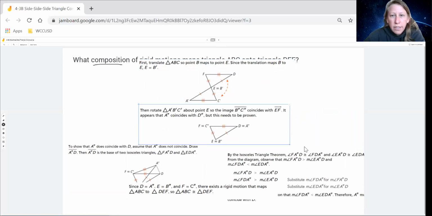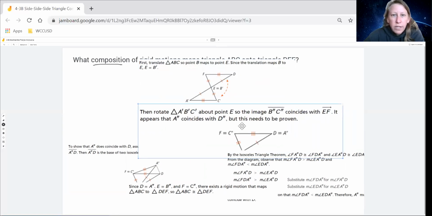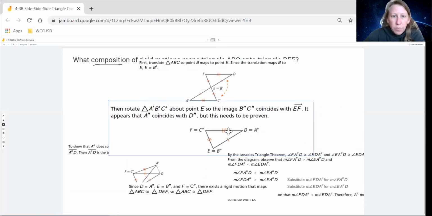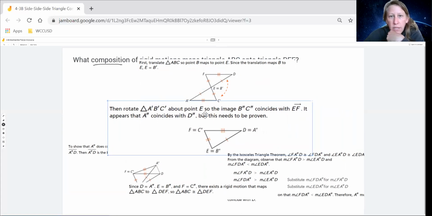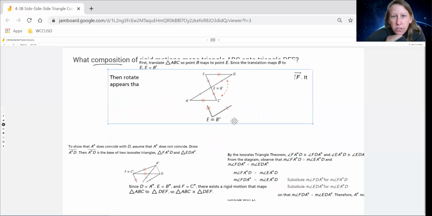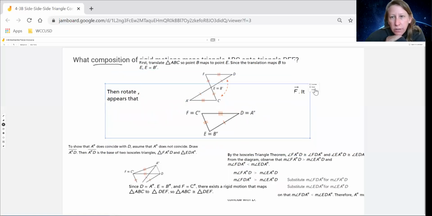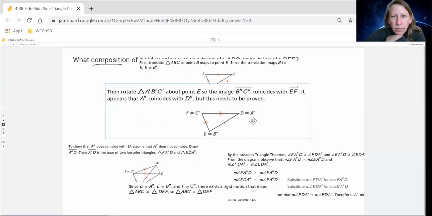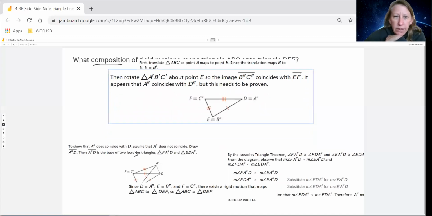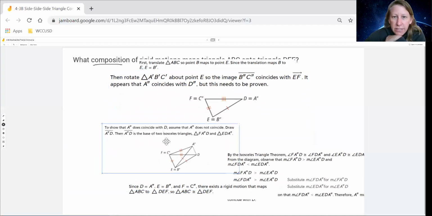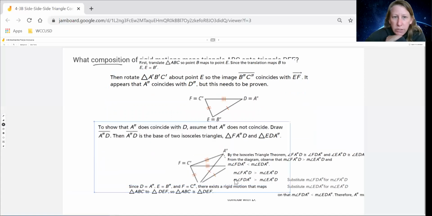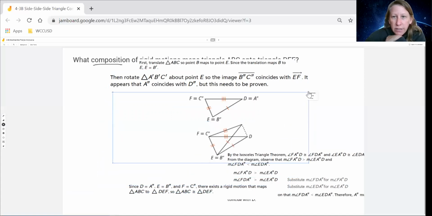The next thing they did was they rotated it so that point E matched up with the side B prime, C prime. Okay, so they rotated it until the triangle is matched up on top of each other.